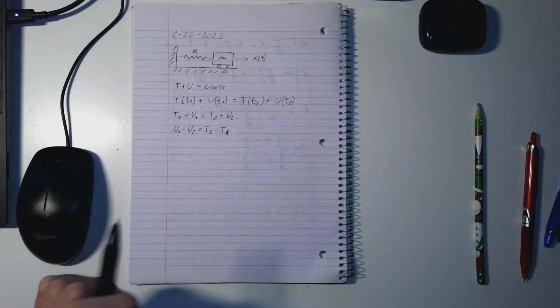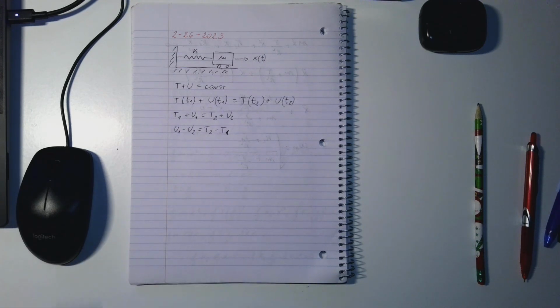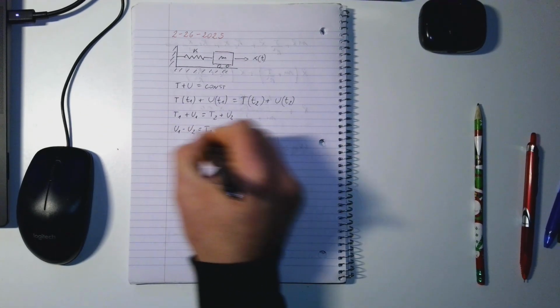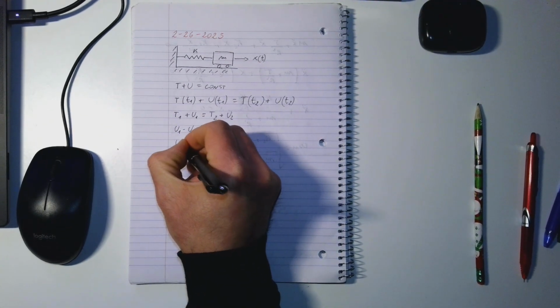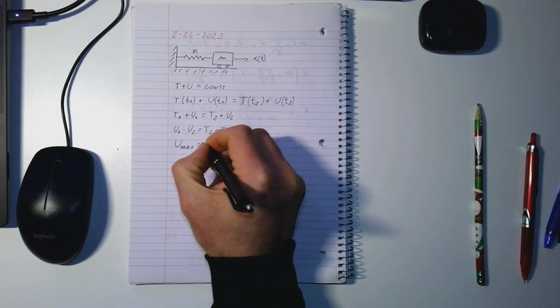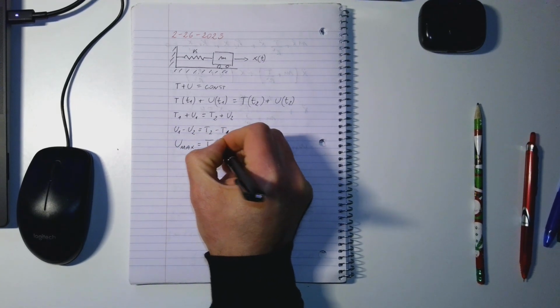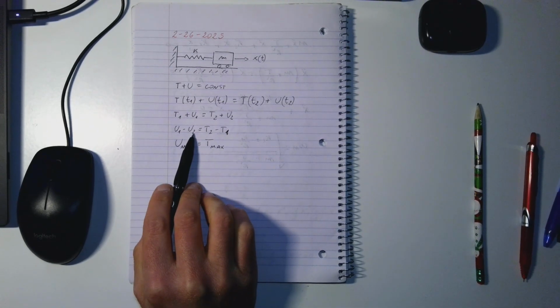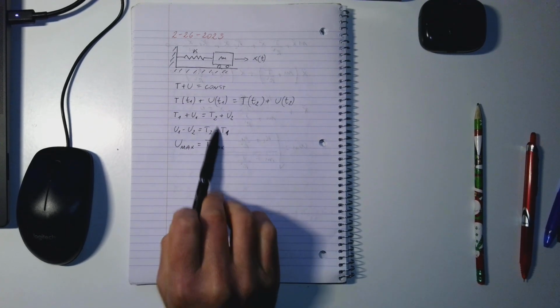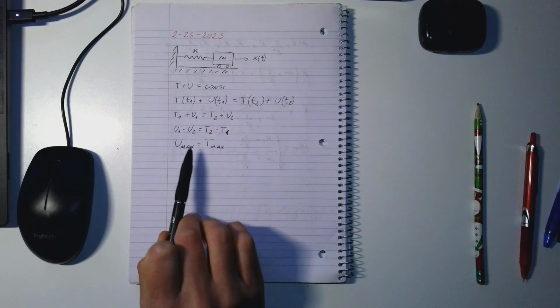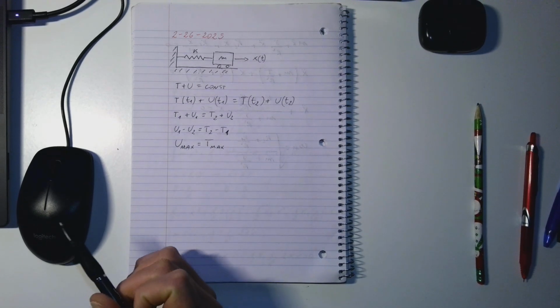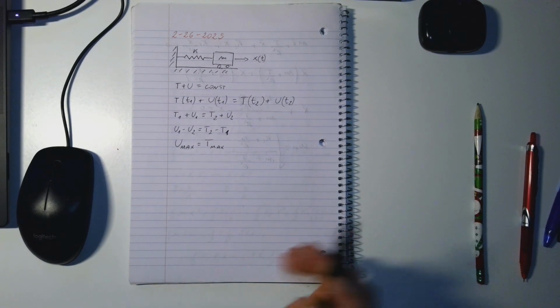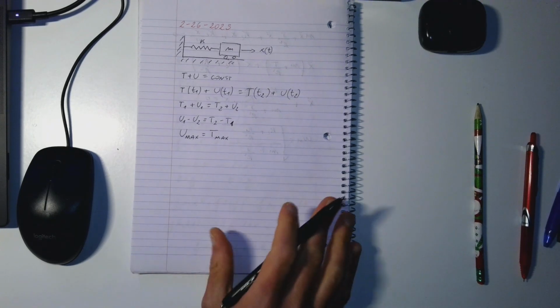If we have at some point zero kinetic energy, we will have at another point maximum kinetic energy. So basically we can rewrite this one as U max equal to T max, because again at some point we will have zero potential energy, and at some other point we can have zero kinetic energy. So the maximum of the potential energy must be equal to the maximum of the kinetic energy.